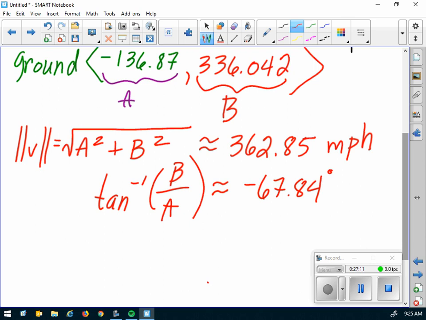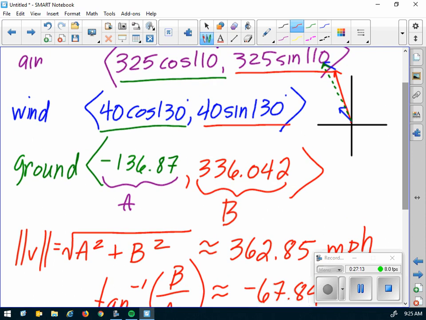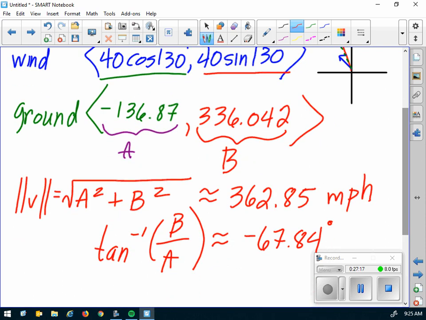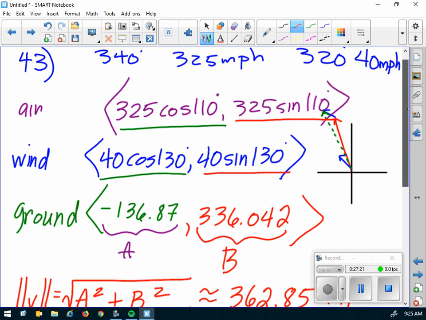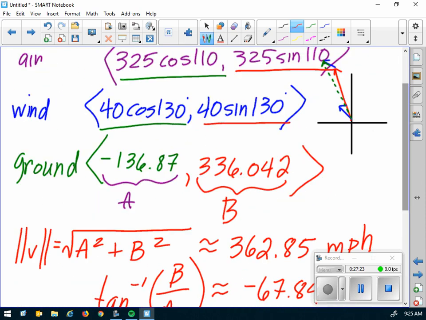Is that an angle that's acceptable? Is that an angle that's in quadrant 2? Where is that? That's in quadrant 4, isn't it? Yeah, that's down here, negative 67 point whatever. I need to throw it into quadrant 2. So how am I going to do it?